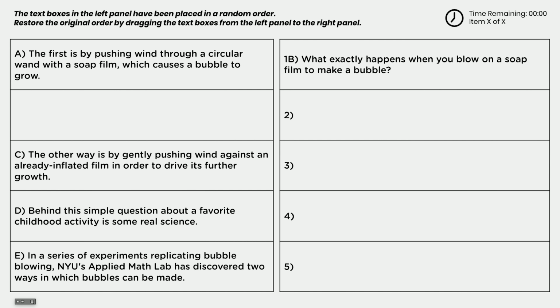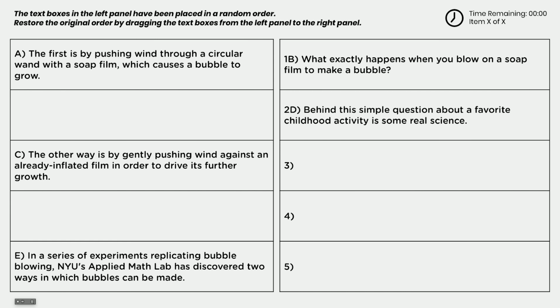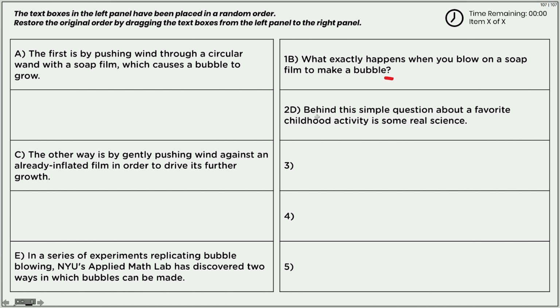So what's the follow-on sentence here? Well, it's this one. Behind this simple question about a favorite childhood activity is some real science. So you can see how these are connected, because this is a question, and then it says behind this simple question. And of course, we've got a referent pronoun here that is referring back to that.